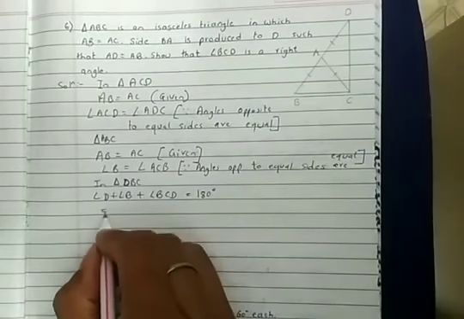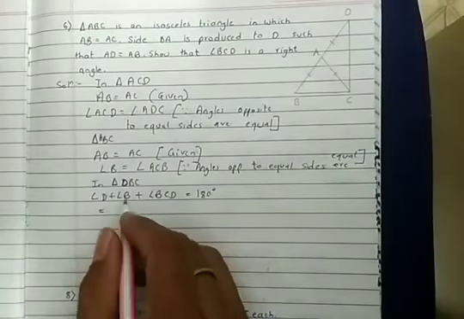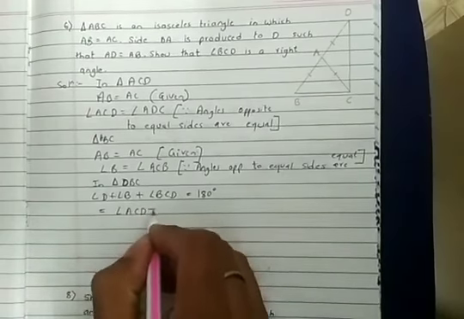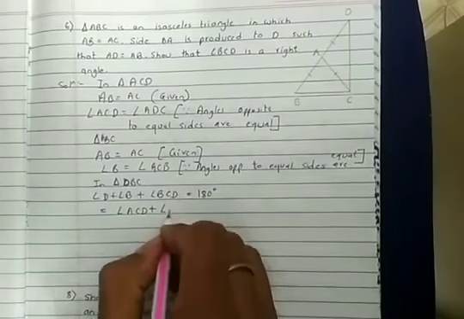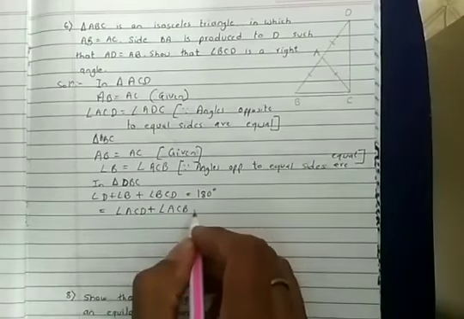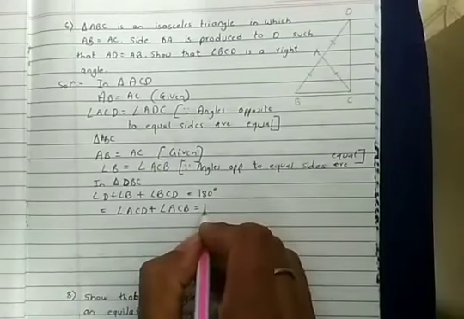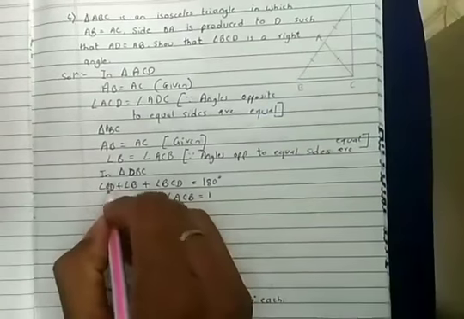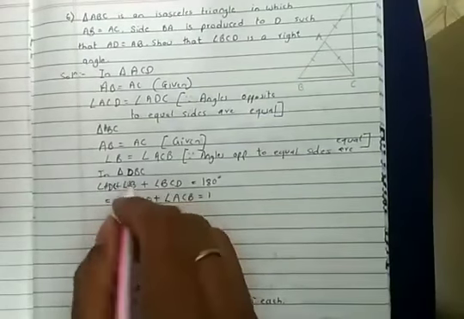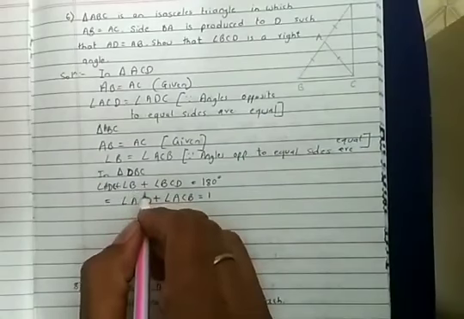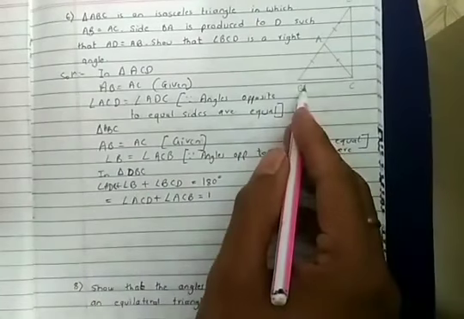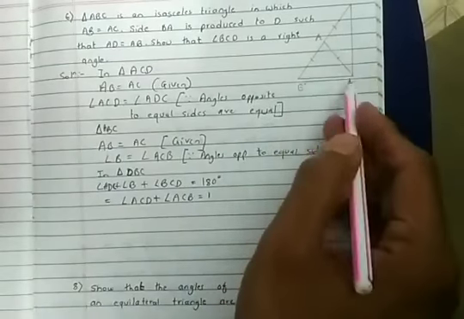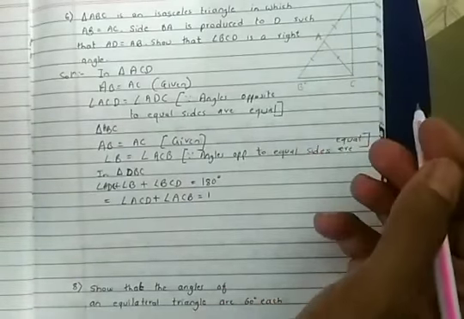Now instead of angle D, we can write angle ACD plus angle ACB equal to, here will come ADC, plus angle B, and plus BCD, that is all these three angles will add up to 180 degrees.